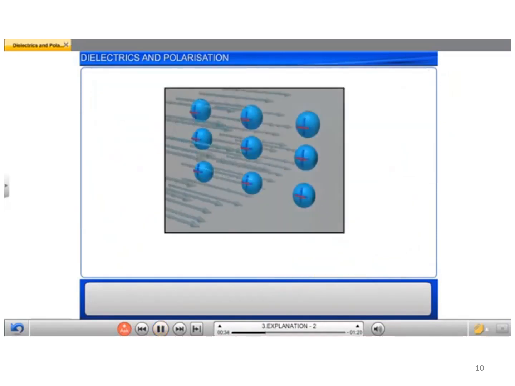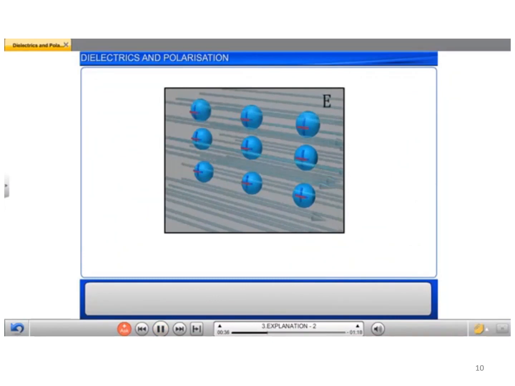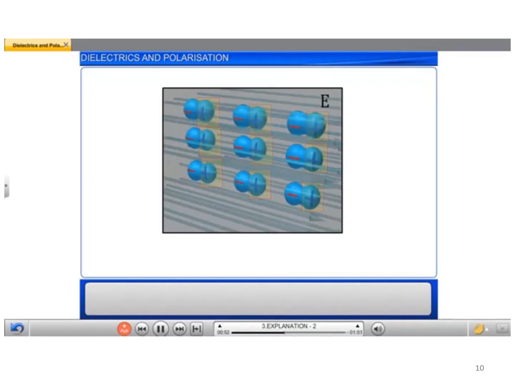Now let us see what happens when a dielectric with non-polar molecules is placed in an external uniform electric field of strength E. Due to this uniform external electric field, the positive charges in the molecules are displaced in the direction of the electric field, and the negative charges in them are displaced in the opposite direction.